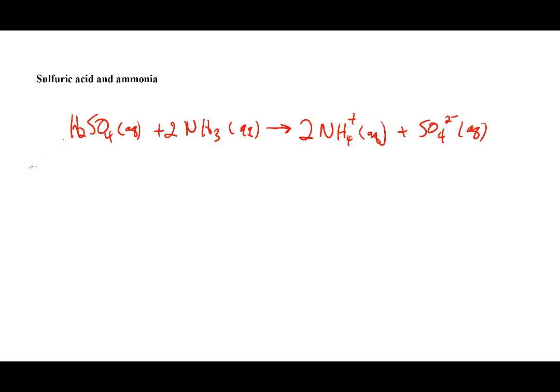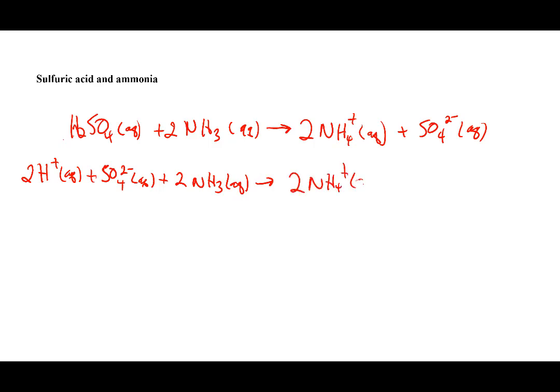So our sulfuric acid starts as 2H plus aqueous, plus a sulfate, aqueous, plus 2 ammonias, aqueous, goes to make 2 ammonium ions, those are aqueous, plus sulfate ion aqueous. So the sulfate ion is the spectator ion.